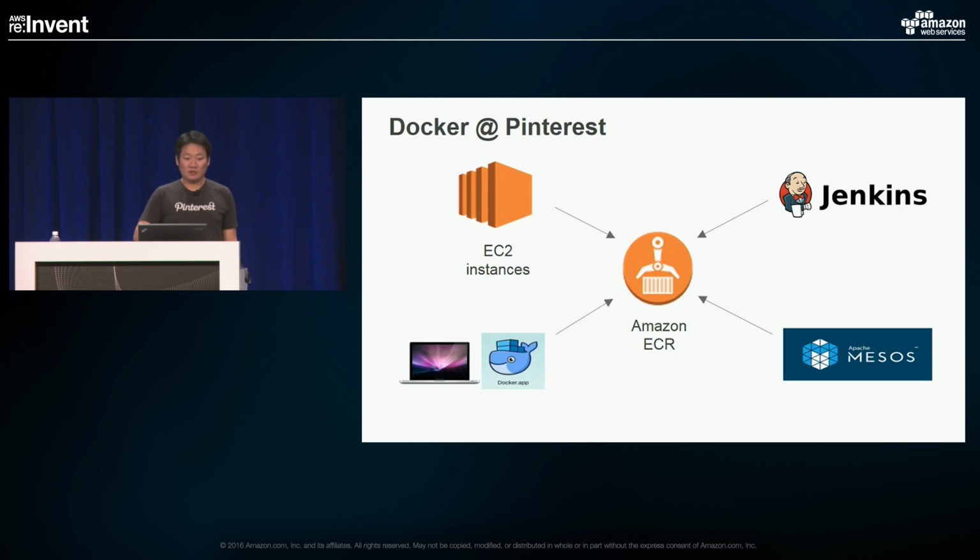Then there are a few usages I'd like to share with you. Firstly, at Pinterest, we have many development instances in EC2. Basically, each developer at Pinterest has an EC2 instance which contains all the dependencies, and each developer can run the Pinterest website locally on their dev instances.